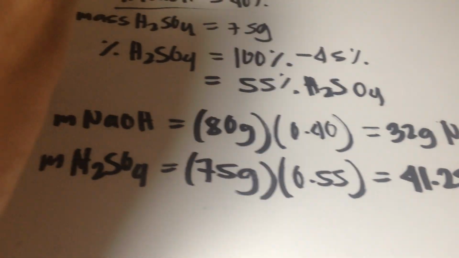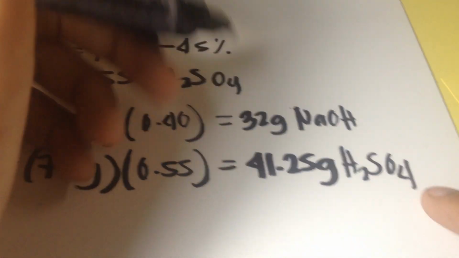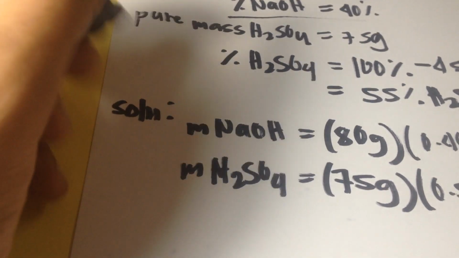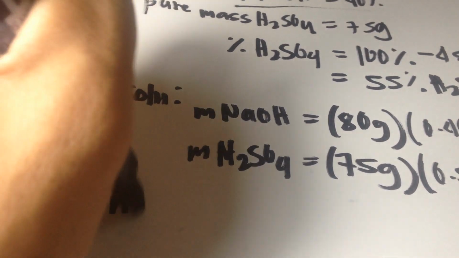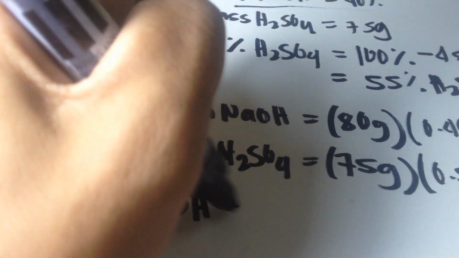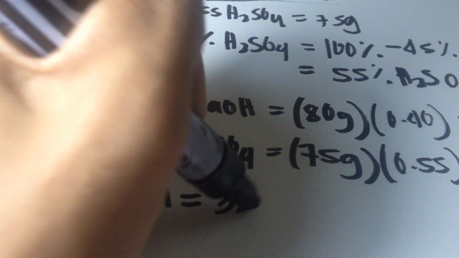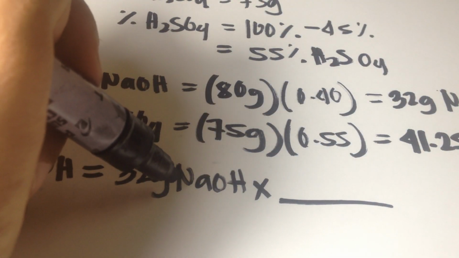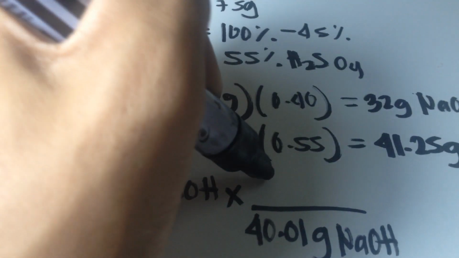Okay? And then let's convert grams to moles. Moles of sodium hydroxide is equal to 32 grams of sodium hydroxide times 1 mole over the molecular weight of sodium hydroxide, which is 40.01 grams.